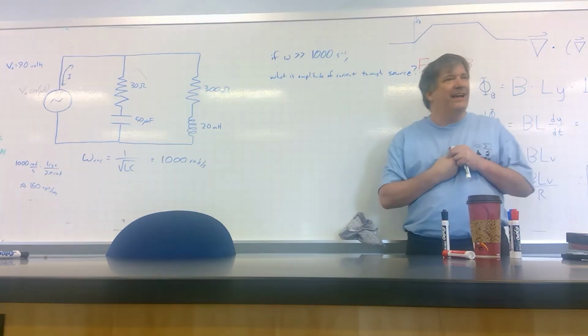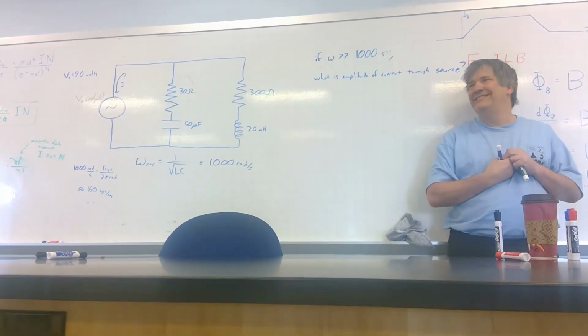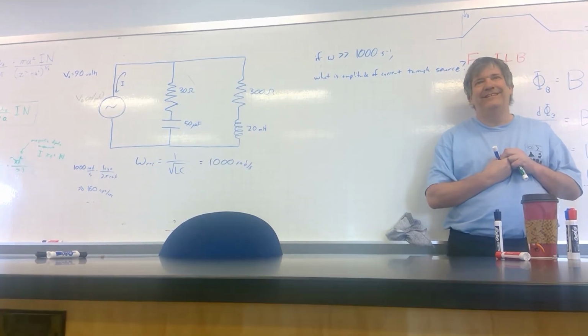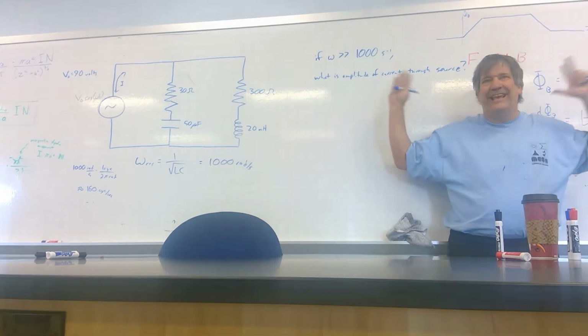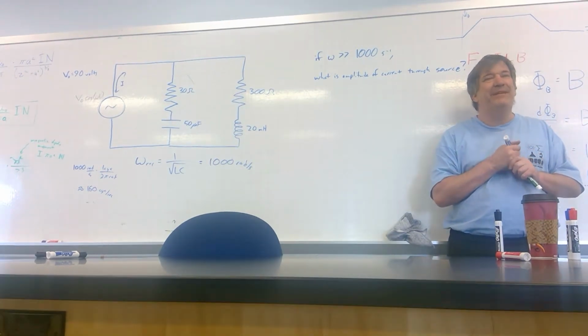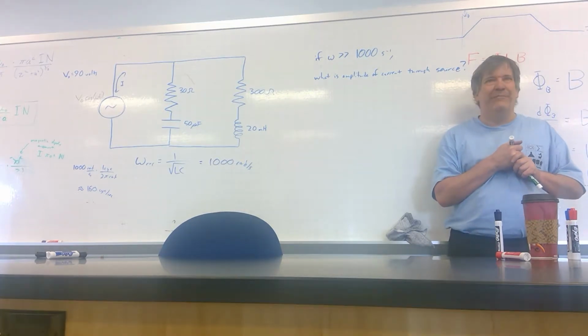And you can answer this, as it turns out. When I say much, much greater, as great as you need it to be to get a simple answer to this. But what's the limiting case as omega goes to infinity of the current through that power supply?